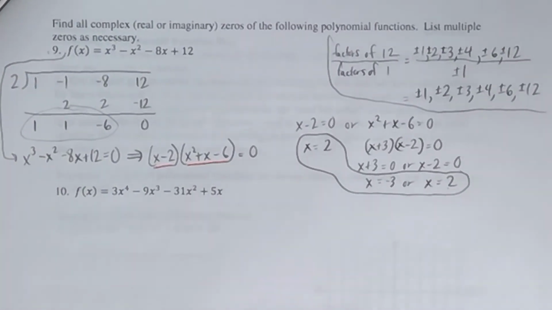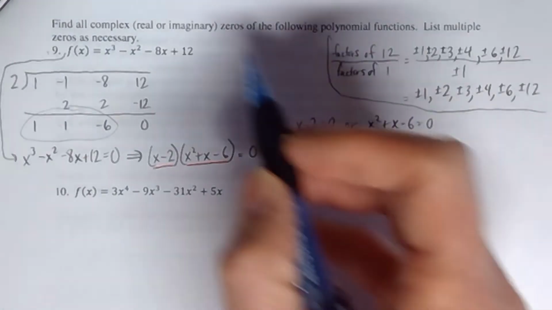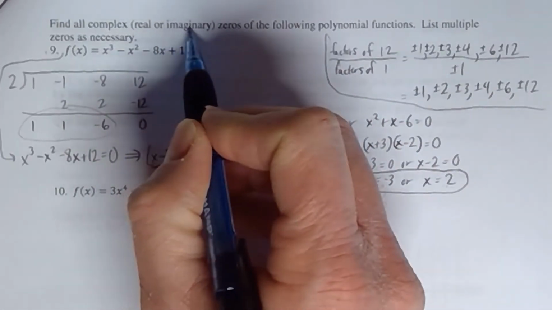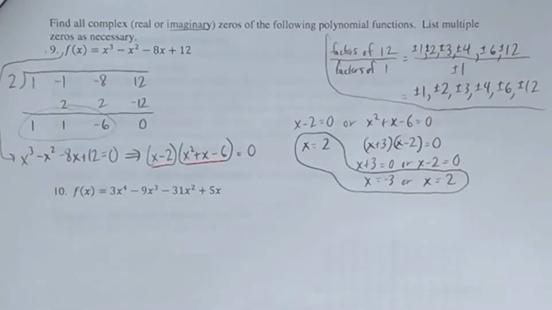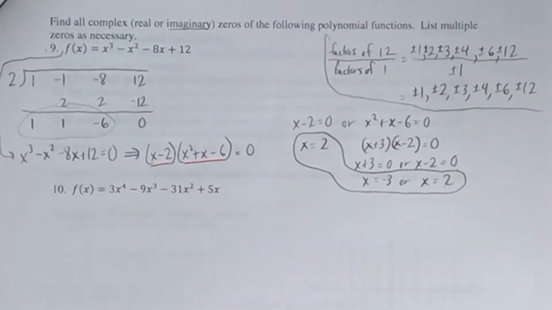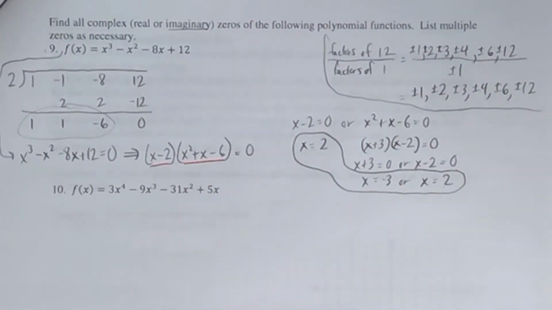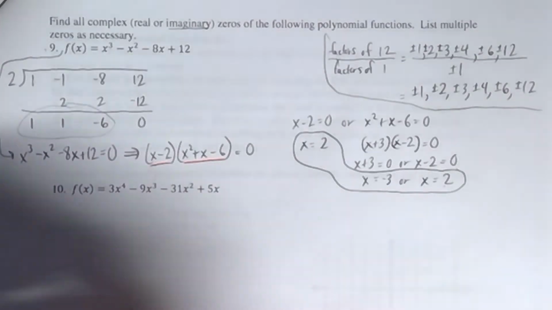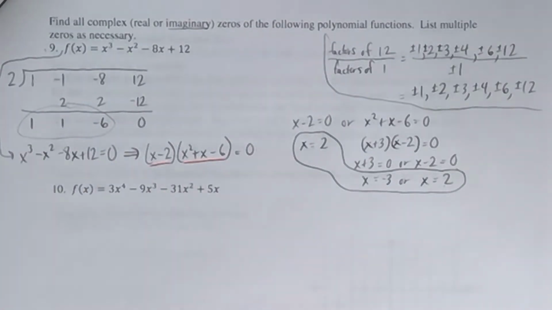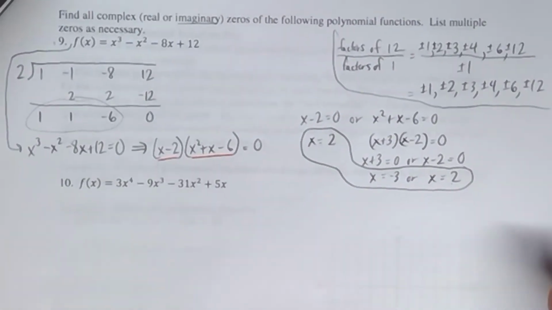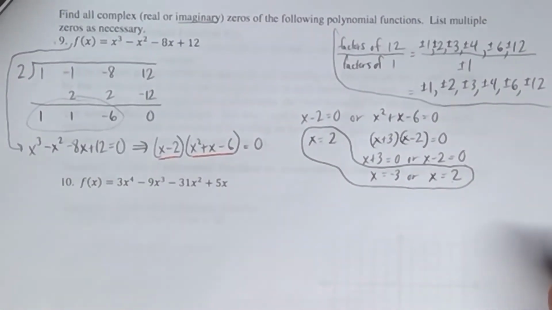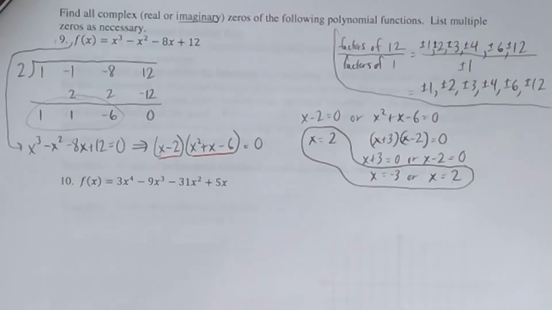In fact, the directions say they want you to include imaginary numbers in your answer if you get, for example, the square root of a negative number, or if you get i in your answer. You can't just say, oh, that's not a real answer. No, you've got to include that, just like we've been doing in some of the previous problems that we've already seen in this big 3.3 section.